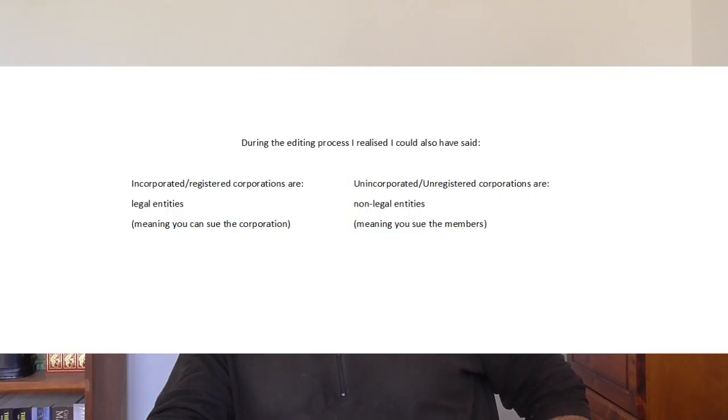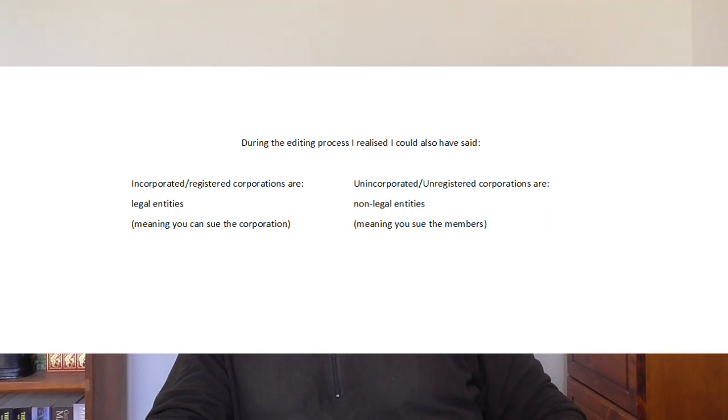Now, the key difference between the incorporated and the unincorporated is that the incorporated usually get what's known as limited liability, and the unincorporated do not. With limited liability incorporated entities, if someone sues those corporations, they're limited to accessing the assets of the corporation itself.